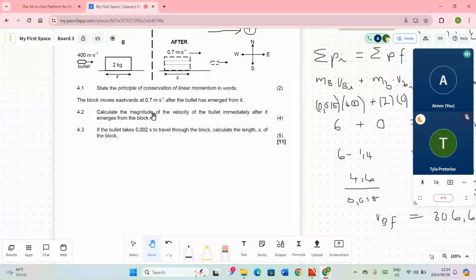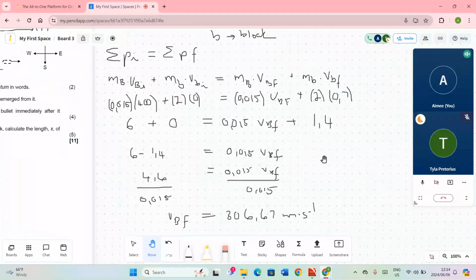They asked for the magnitude, so you don't have to say eastwards. If they just ask for the velocity, you need to say 306.67 meters per second eastwards. But they just said magnitude, so we can just put the magnitude in.